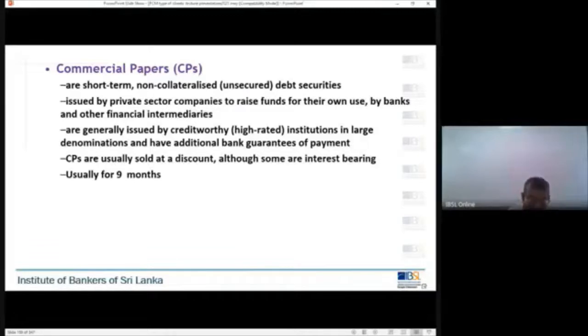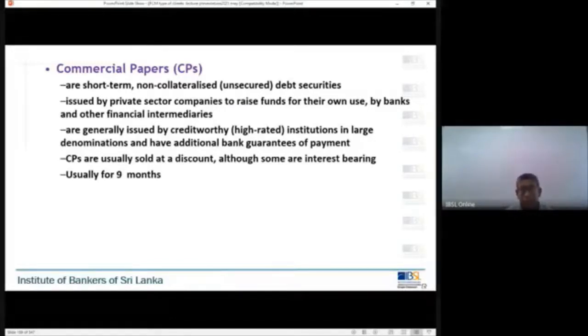Unsecured. Likewise, earlier, those commercial papers are issued by private sector companies if they need money to fulfill their short-term financial requirement. If they need some short-term capital, what they do is issue commercial papers, right? And sometimes banks also issue commercial papers, but the majority of commercial papers are issued by wealthy, credit-worthy, high-rated institutions, companies, right?